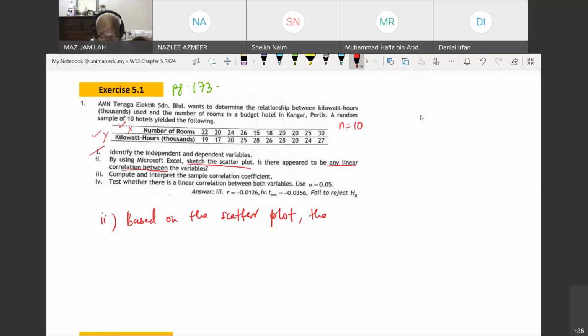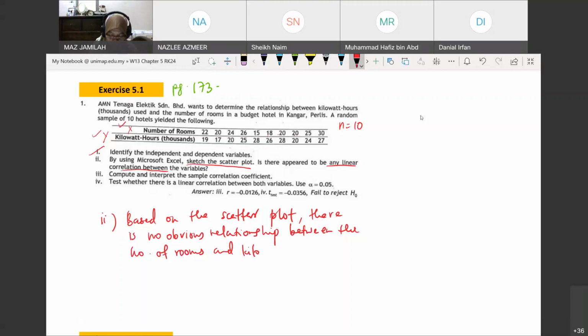Based on the scatter plot, you can say there is no obvious relationship between the number of rooms and kilowatt hours.